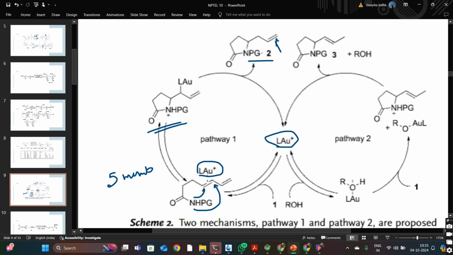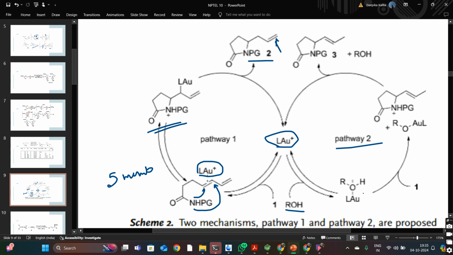Now let us see what happens when we are using alcohol as solvent in the reaction. So in that case, pathway 2 will be followed. Okay, and at first the gold catalyst is going to activate our alcohol which is present in the reaction medium.